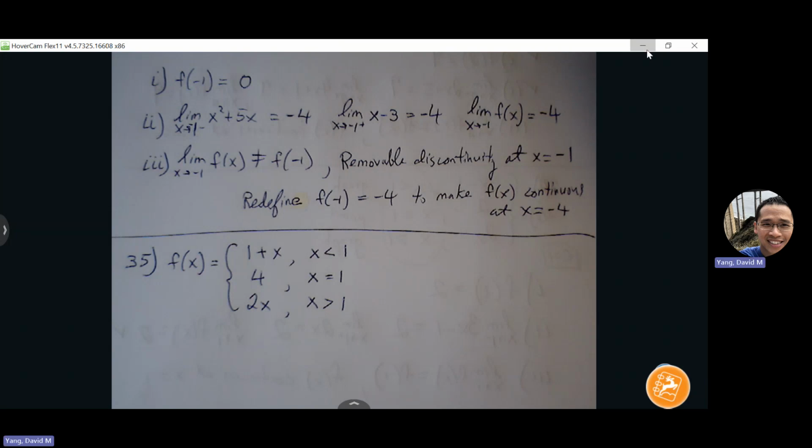This full variable expression, do 1 plus x, plus 2. Sorry, that's correct.